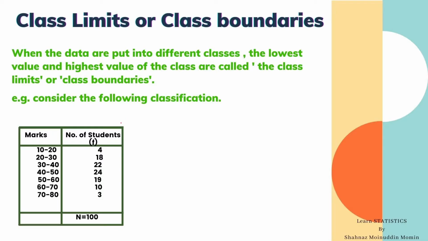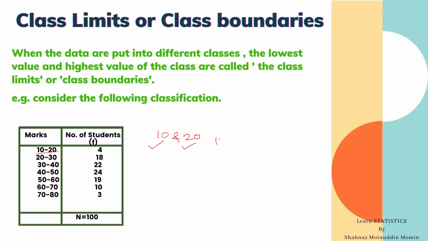In this table, for the class 10 to 20, 10 and 20 are the class limits. Here 10 is the lowest value of the class and 20 is the highest value of the class.